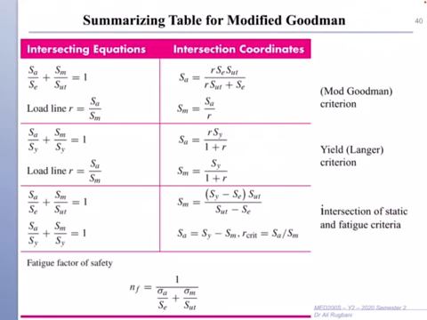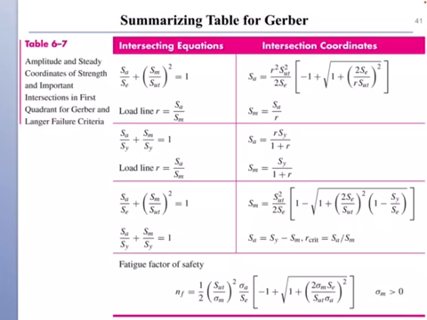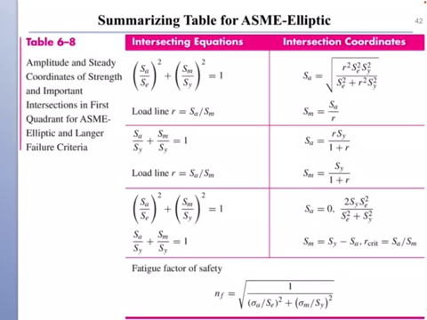Here is the fatigue factor of safety for intersecting equations and for the load line. A summary also for all the equations for Gerber criteria. This is the ASME-Elliptic.